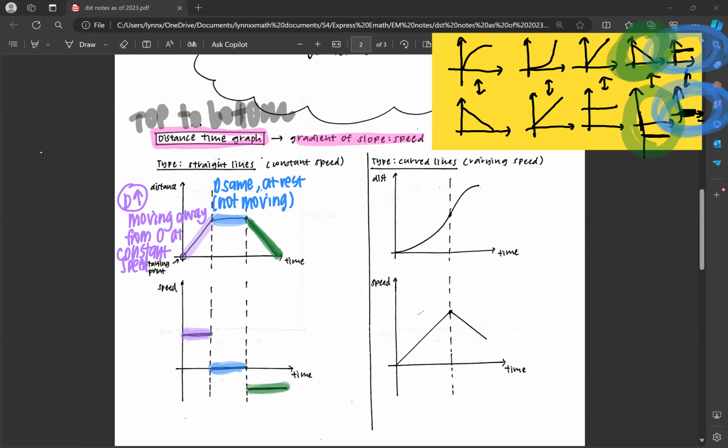Is there such a thing as distance going down if you think about it logically? Can my distance decrease? No. So, can you see here? It's called moving away from O. So what do you think the green one is? Yes, moving back to O, or moving towards O. O means origin, moving towards the origin, the starting point, at what kind of speed? At a constant speed. And that's how you analyze. Understand now?